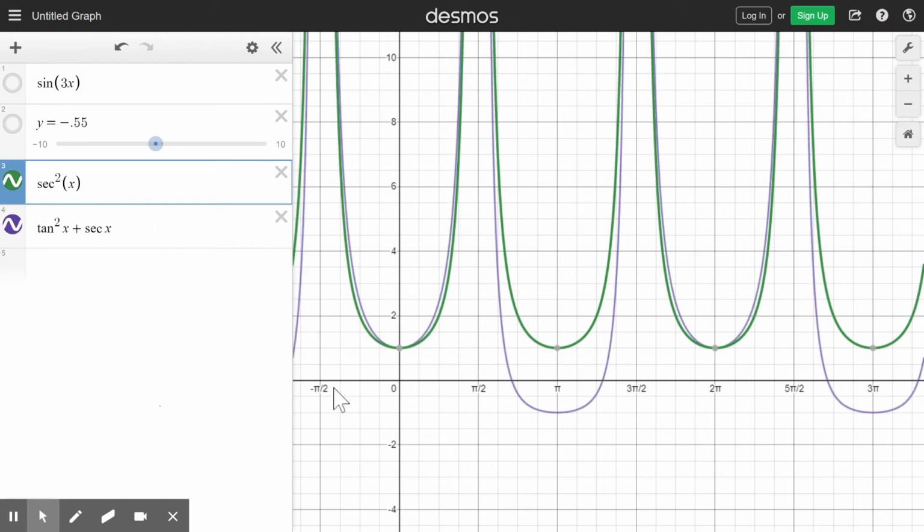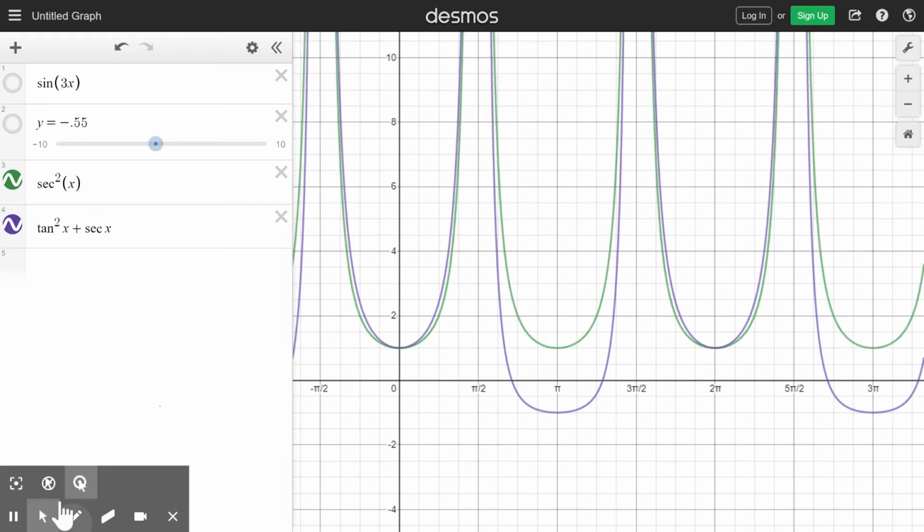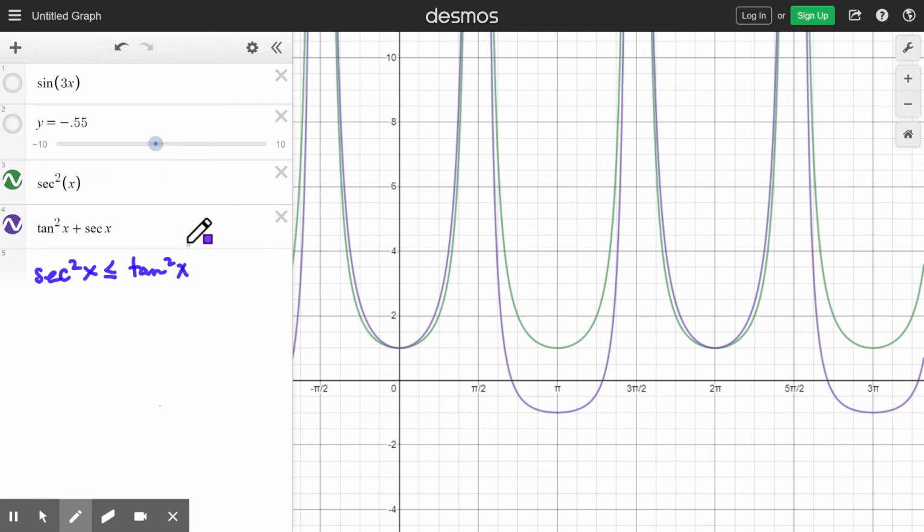So the inequality that we're solving here, okay, is this guy. So we're going to solve secant squared x is less than or equal to tangent squared x plus secant x. Okay, so we got to remember the green is below the purple.